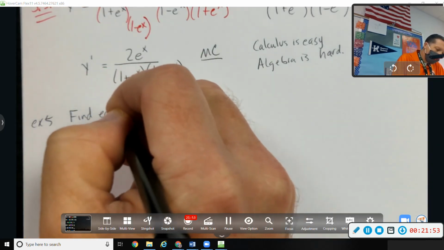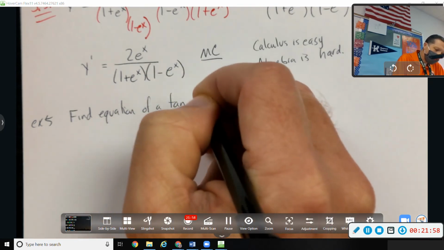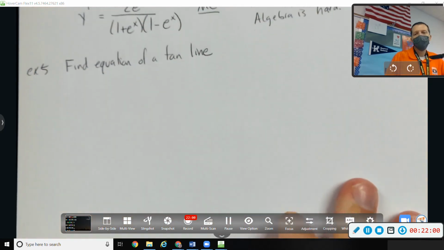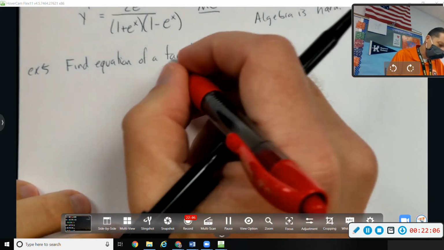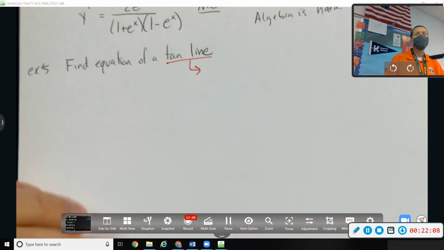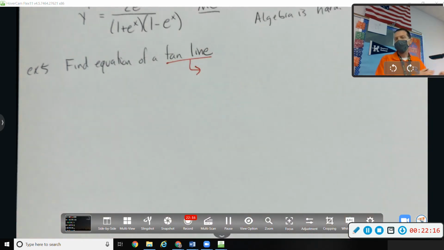Find the equation of a tangent line. What does that mean? What do we need to find in order to find a tangent line? What's that? A derivative. But just in general, even before we talk calculus, what do I need to find an equation of a line?